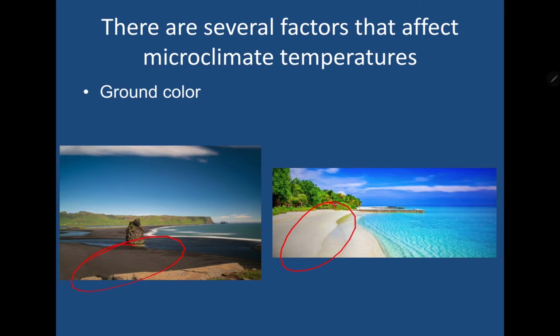Also, black sand can remain at higher temperatures for an extended period of time compared to white sand. It cools down slower. Okay? This is because the color black absorbs more light from the visible spectrum of light compared to the color white, which reflects more light. Okay?